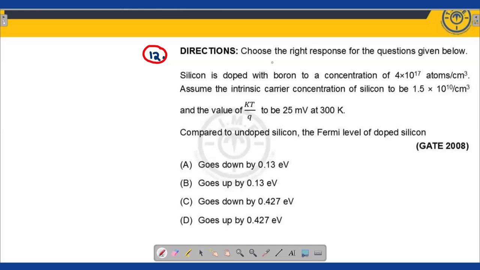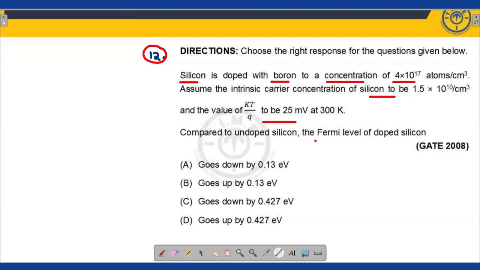Silicon is doped with boron to a concentration of 4 into 10 power. See here, silicon is doped with these atoms, the intrinsic carrier concentration of the silicon is given, and kT by q value is given.